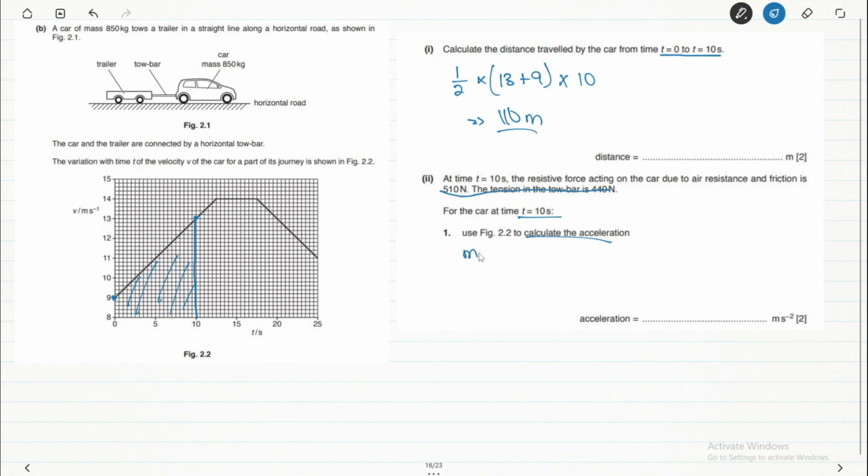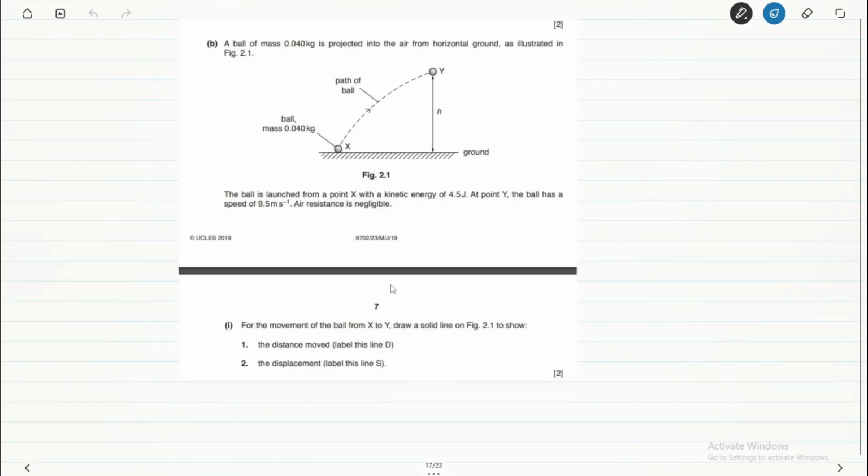So m is equal to 13 minus the other y, which is 9, over the time, which is 10 minus 0. So acceleration comes down to 0.4 meter per second square, right? So this is our answer. Moving on to the second question.